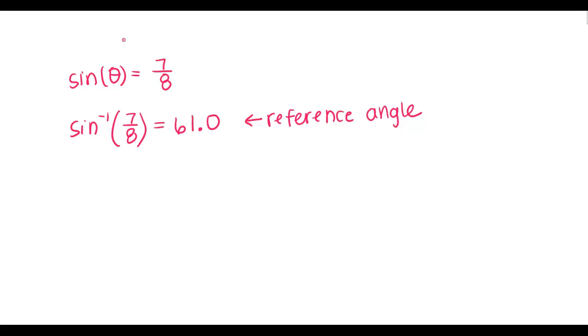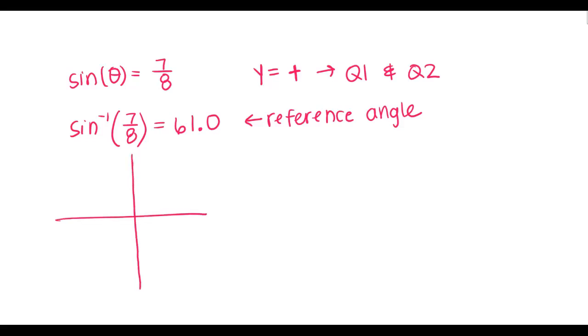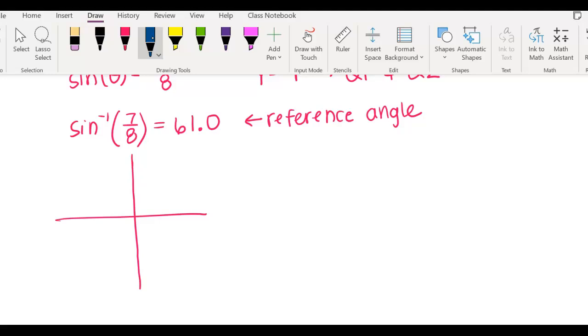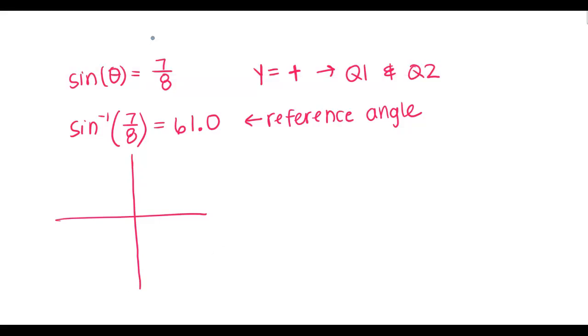Okay, so if sine is a positive 7/8, if sine is positive, that means y is positive, and therefore y has to be positive in only quadrant 1 and quadrant 2. Okay, so if we think about our graph, that means we have maybe an angle something like this-ish, and maybe like this, right?